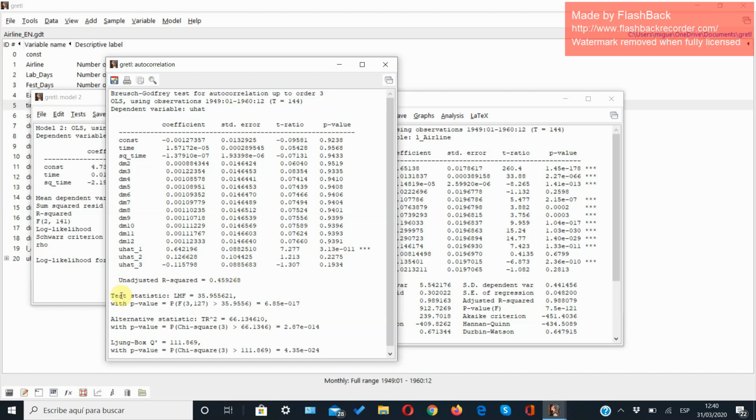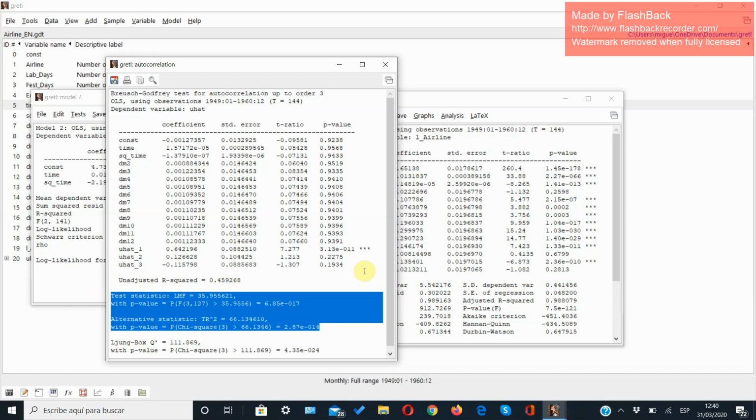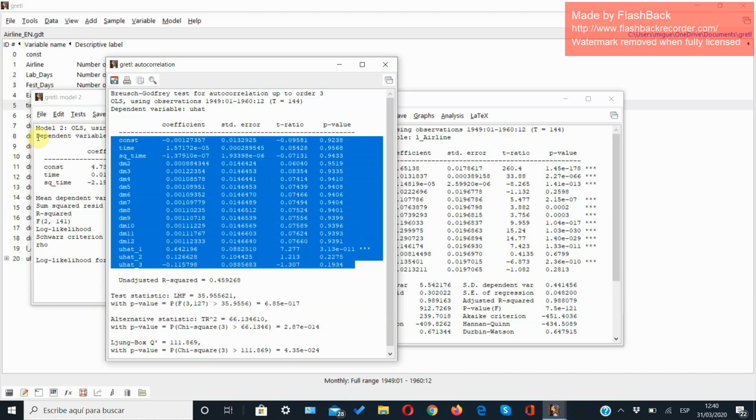What we have here is 3 different test statistics for autocorrelation of the errors. In the first 2 cases, I am testing the null that all these regression coefficients are 0 at the same time.